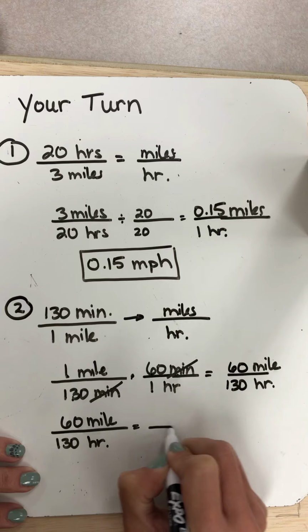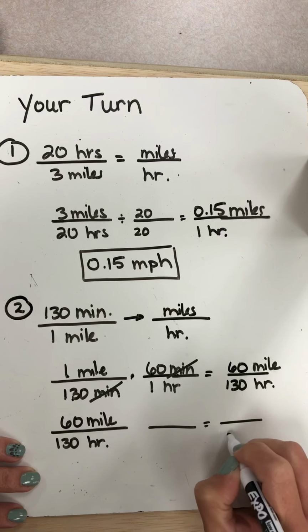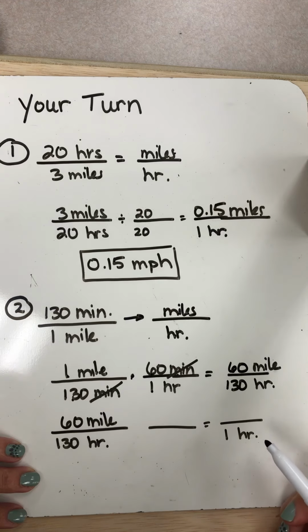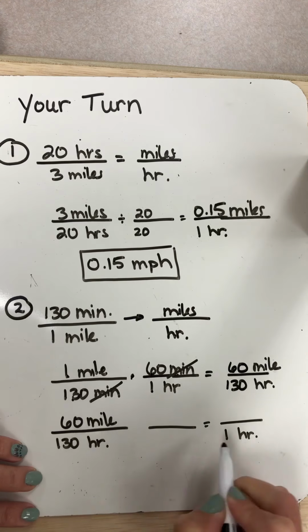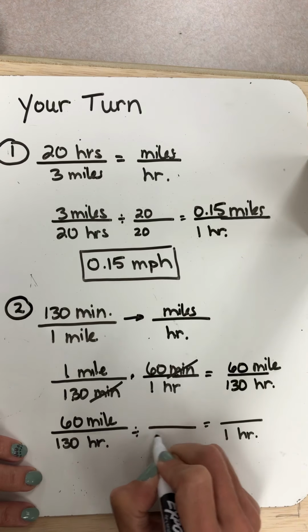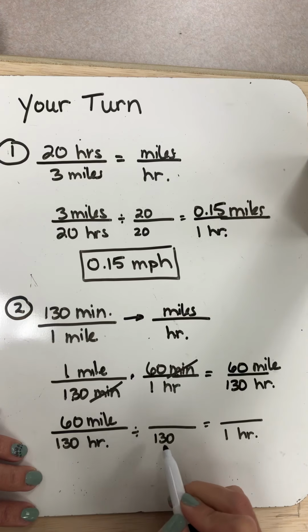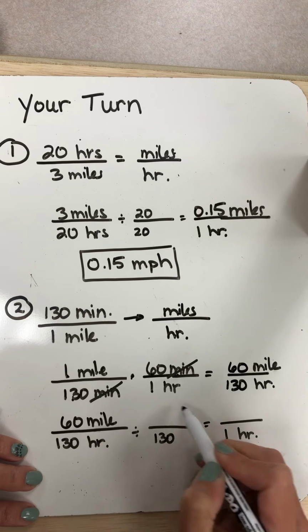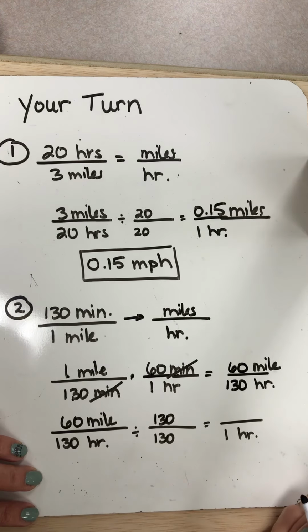I want however many miles in 1 hour. Well, in order to get 130 to 1, I'm going to have to divide by 130, because 130 divided by 130 is 1. In order to keep this value of 1, I'm going to have to divide by 130 over 130.